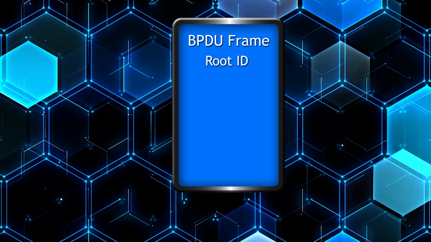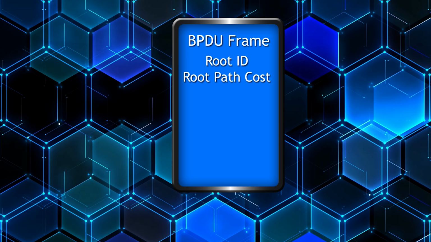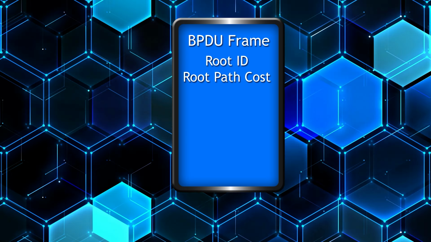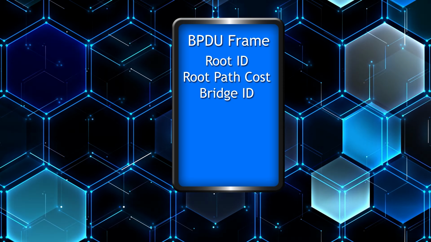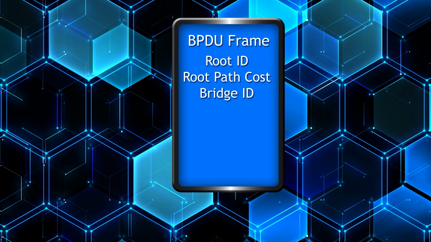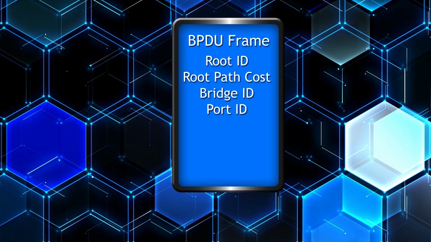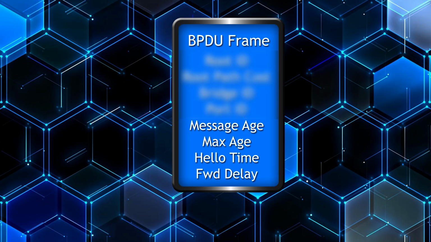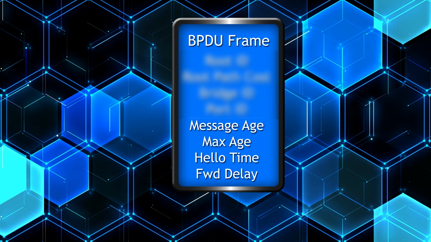In the BPDU frames, the fields that we care about for now are the root ID, which identifies the current root bridge, the root path cost, which is the total cost to reach the root from the sending switch's perspective, the bridge ID, which shows who sent the BPDU, and the port ID, which tells us which port it was sent from. Also, all the spanning tree timers get set inside these BPDUs.